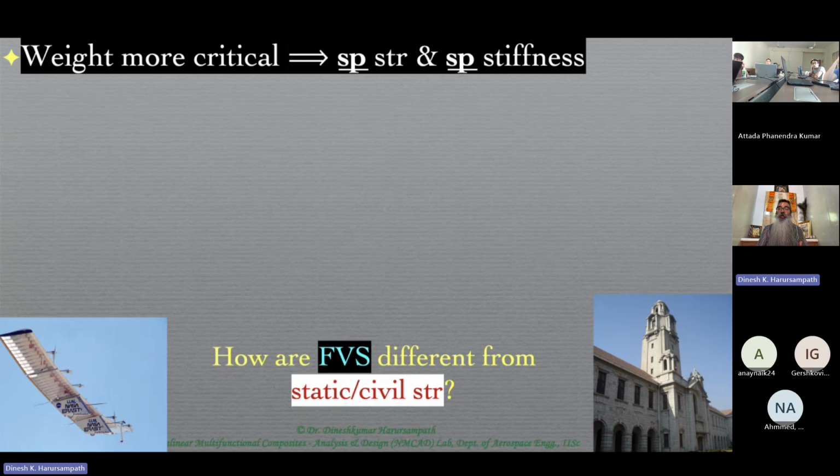So as we go learning certain aspects of answering this question, we are also learning certain things in a collateral sense: there are certain properties which are properties of the material. Irrespective of what structure you build of that material, you're going to have the same properties.